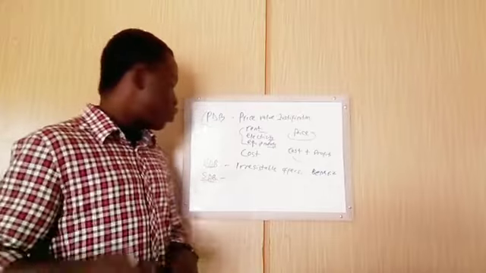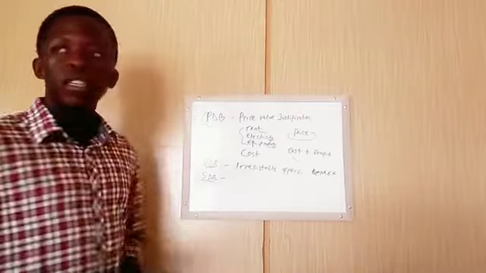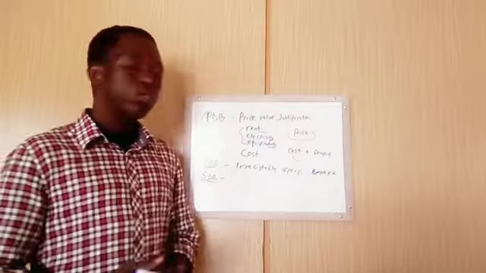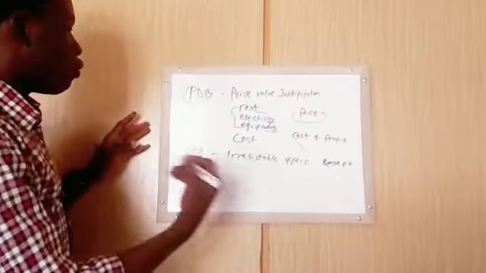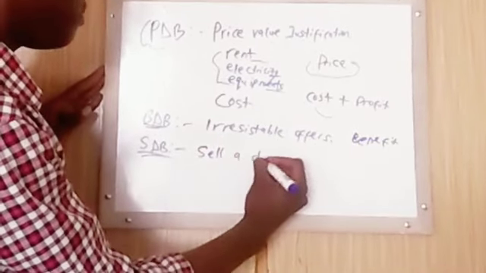So for the status driven buyer, what is that pain point you have to hit for this buyer to buy the product you are selling or to accept your services? You sell a dream.